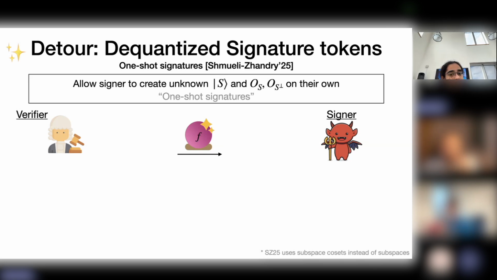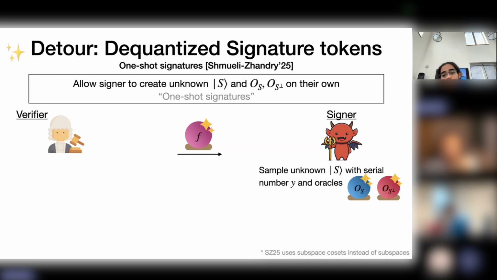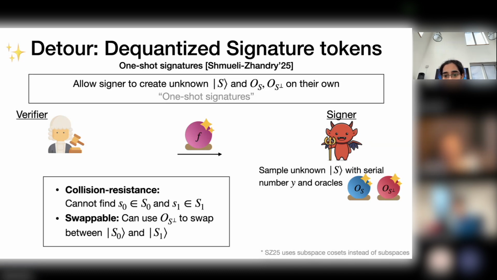So for us, let's just think of the verifier sending an oracle F to the signer, and the signer then uses this oracle to sample its own unknown subspace corresponding to some serial number, and it also is able to generate these oracles OS and OS perp, all the while it does not know what S is. So it's really cool. And this still satisfies the properties that there's collision resistance. You cannot find both a vector in S0 and S1, and you can always use this dual oracle to swap between S0 and S1.